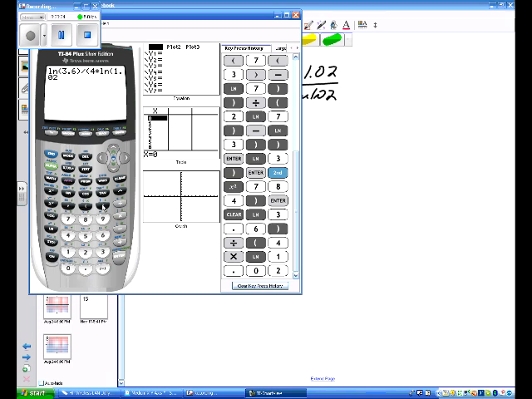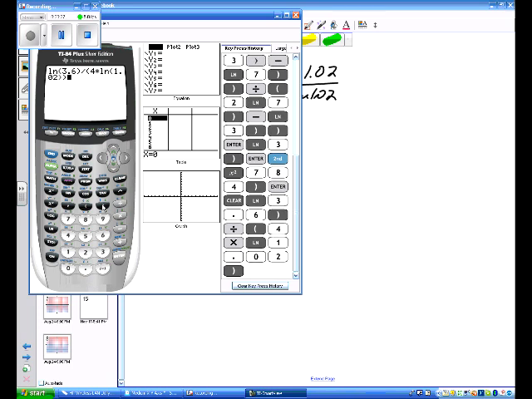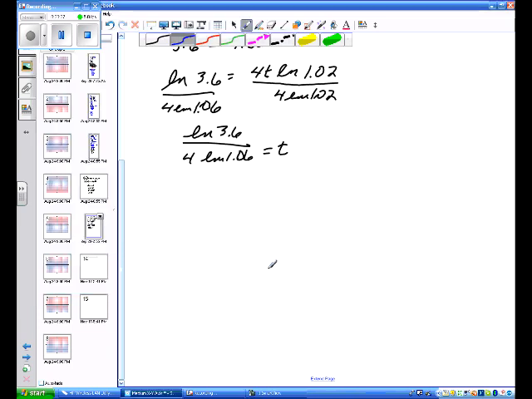Close the parentheses for the log, close the parentheses for the denominator. So it's going to take us 16 2/10 years for our investment to grow to that amount. So t is going to be 16.2 years.